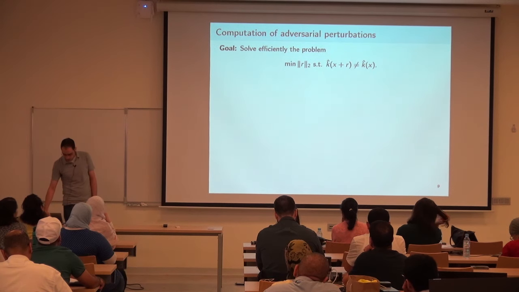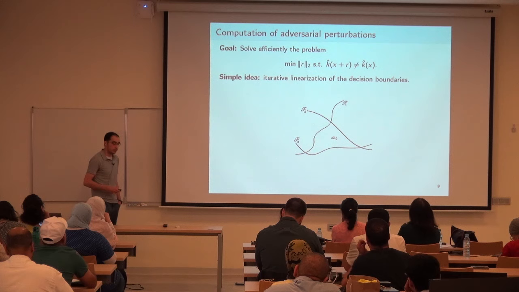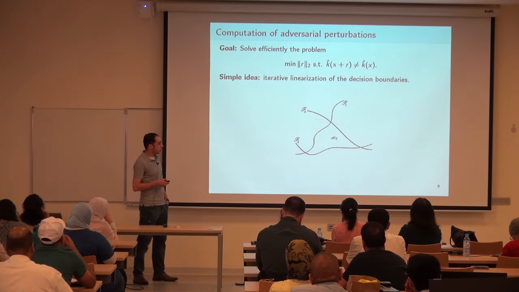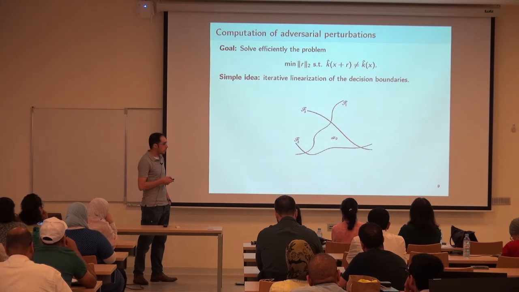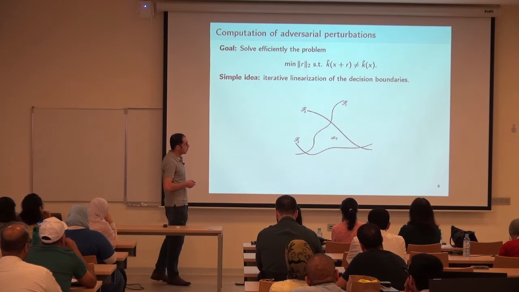There are many ways of doing this, but one simple idea that works very well is to iteratively linearize the decision boundaries. Let's say you have this data point x0, and remember that our goal is to find the minimum perturbation that goes outside of this region here. The decision boundary is non-linear because your deep neural network is generally going to create non-linear decision boundaries.